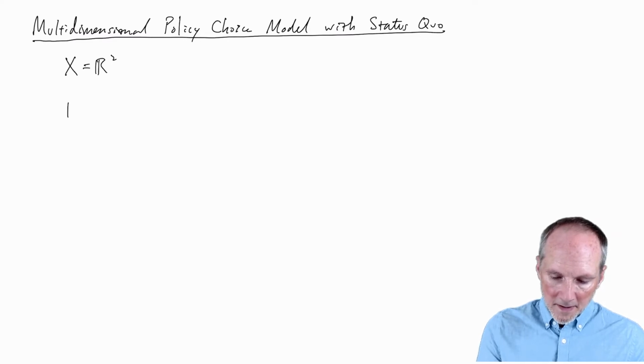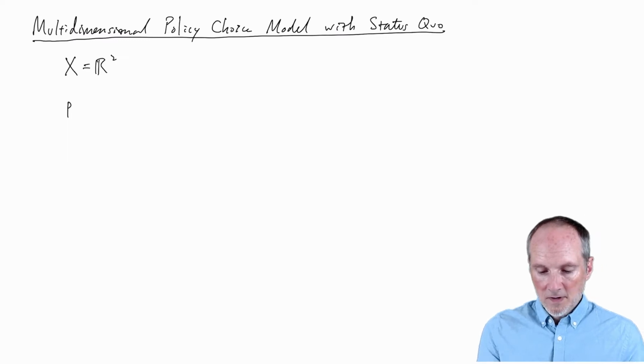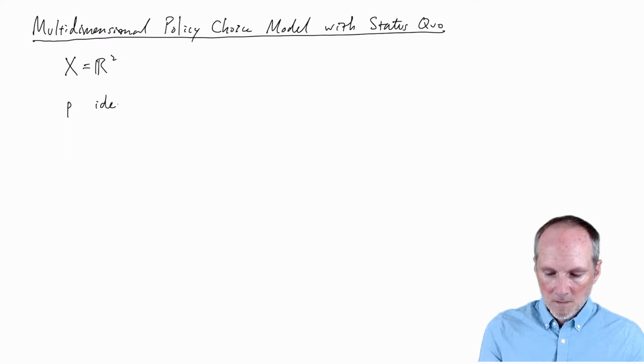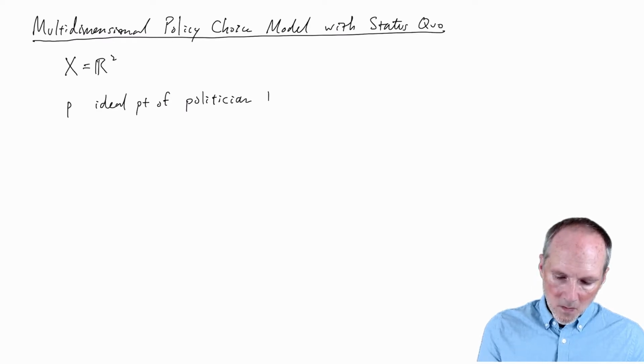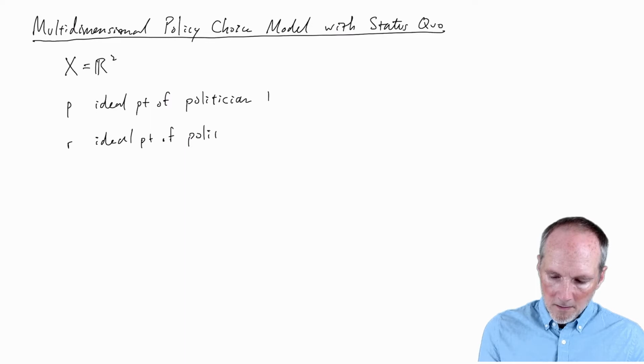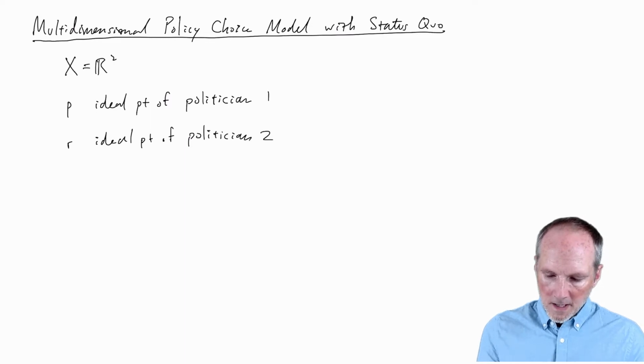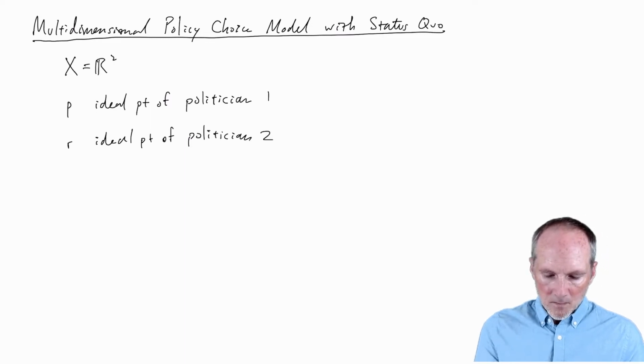We're going to have an ideal point, P, for the first politician, and we'll have another politician with ideal point R. And we'll assume a status quo. Let me just be clear.